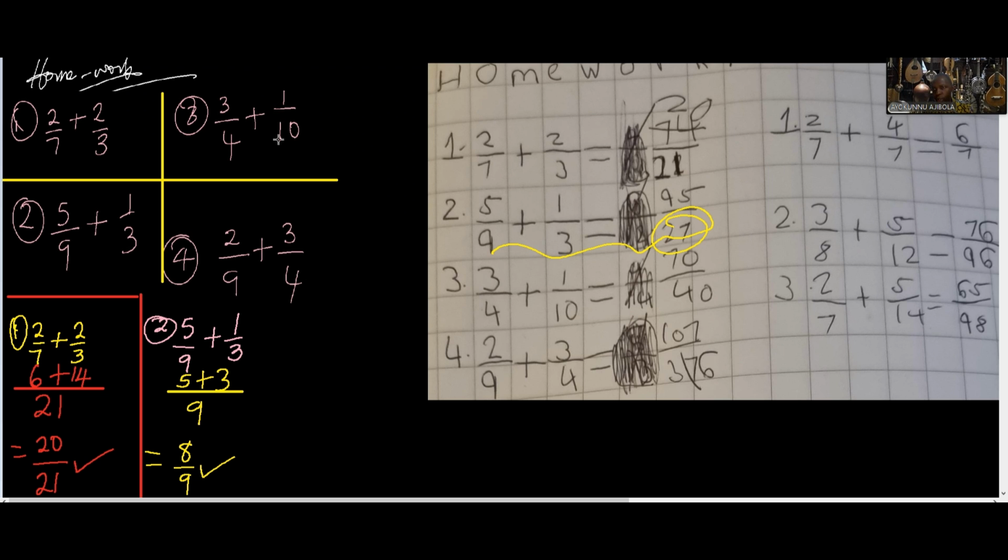Yes. Good, good. We're going to do the remaining 2, while I will give you another one to try as classwork now, so that if you meet it in school, you have no panic, no fear, you can do it yourself, okay? Now, number 3. We have 3 over 4 plus 1 over 10. The first question we ask ourselves is what?